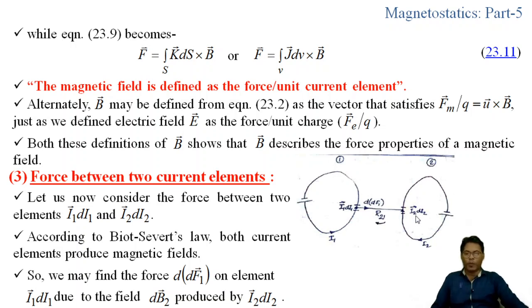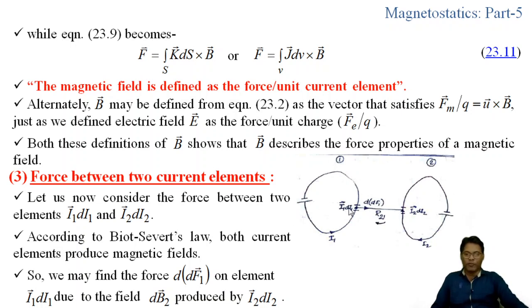Now according to the Biot-Savart law, we can find the force on the current element I1 dl1 due to the magnetic field produced by loop 2. I repeat, the force on I1 dl1, that means current element 1, due to the magnetic field produced by current loop 2, can be written as dF1.